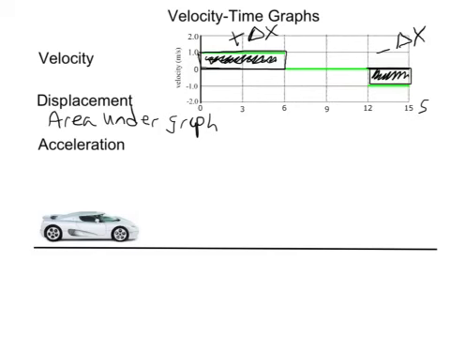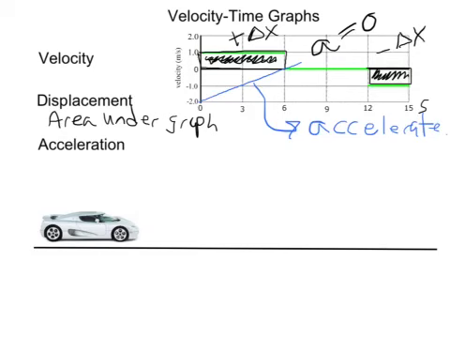So in this graph, acceleration is 0. If, on the other hand, our velocity time graph were sloped at all, then we're getting a changing velocity over time. What is the definition of changing velocity over time? That's acceleration. So if we're sloped, that is acceleration.